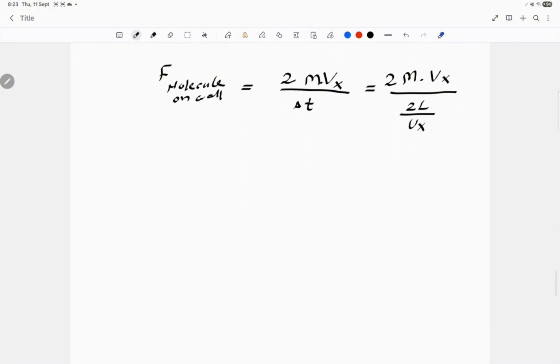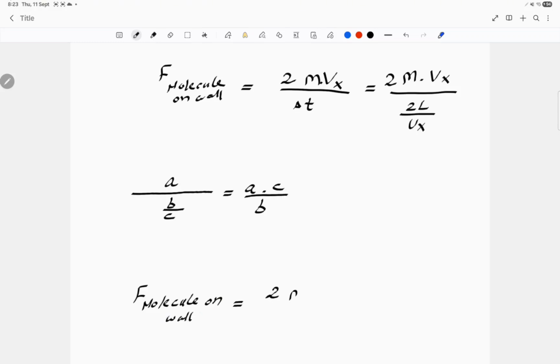Okay, now this is like a math property, so A over B over C would be equal to A times C over B. So we're going to say that the F of the molecule on the wall will be equal to 2m Vx times Vx over 2L. Okay, and now we can simply cancel the 2 with the 2. We'll end up with m Vx squared over L.